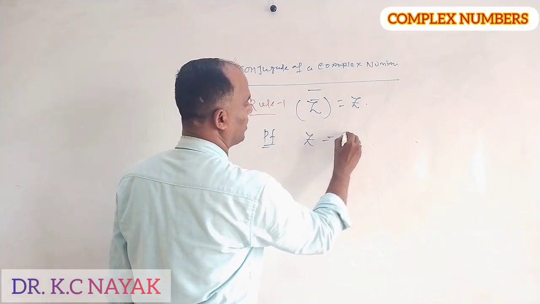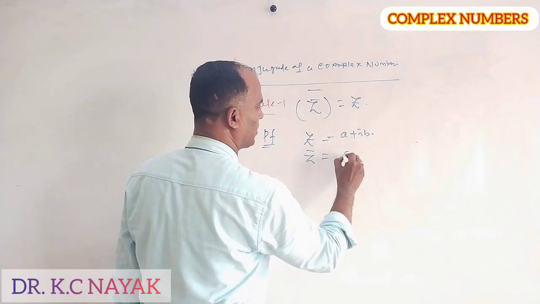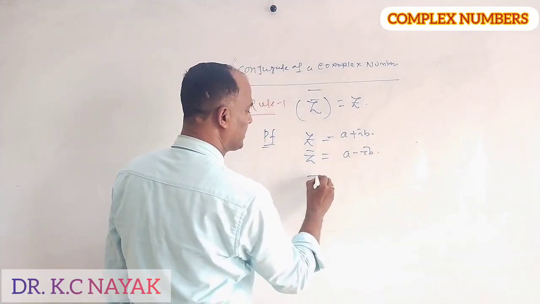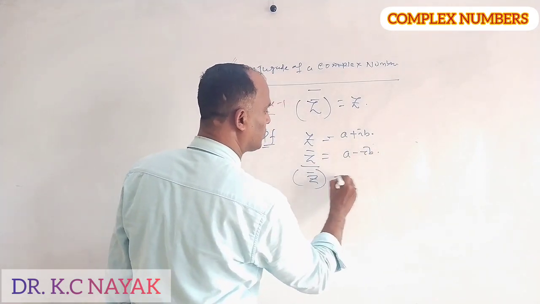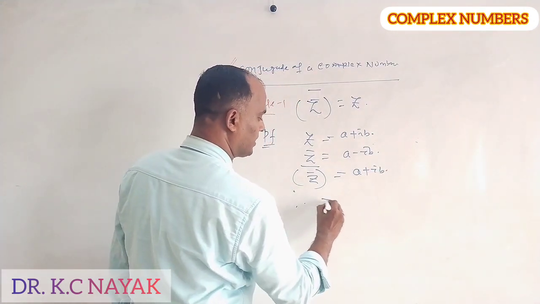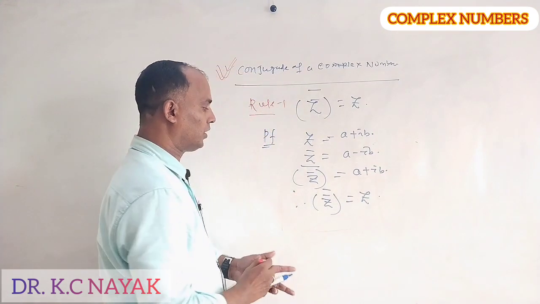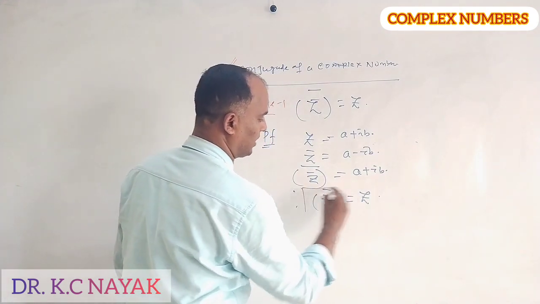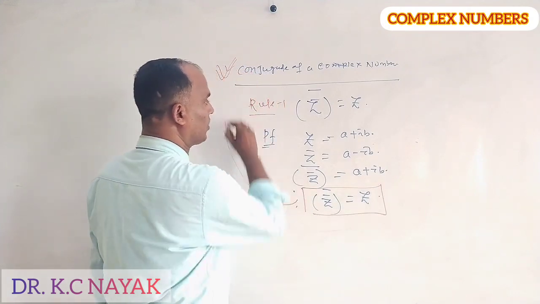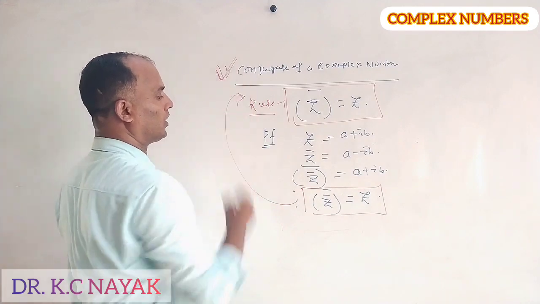Suppose Z is a complex number a plus ib, and Z conjugate is a minus ib, then the conjugate of the conjugate is equal to a plus ib. Here we justify that Z conjugate whole conjugate is equal to Z. It is one more rule in the case of the conjugate of a complex number.